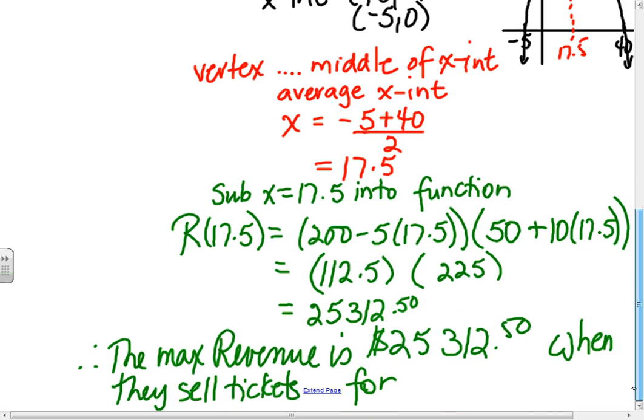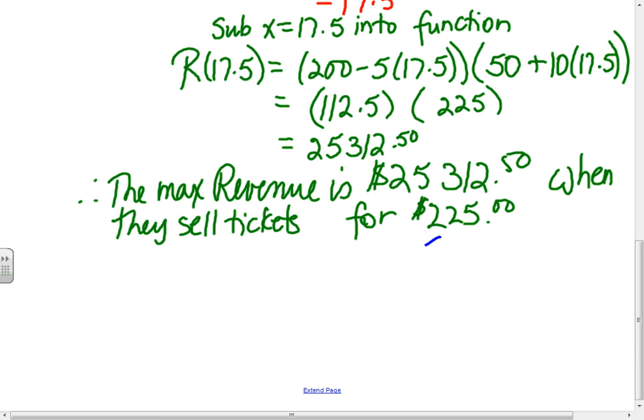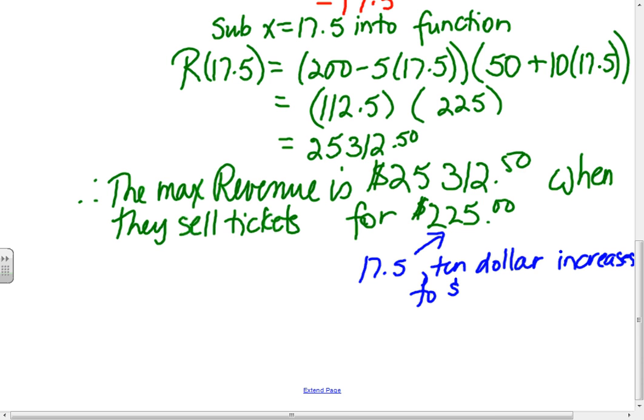So they have increased the price to $225. 17.5 $10 increases to a $50 ticket.